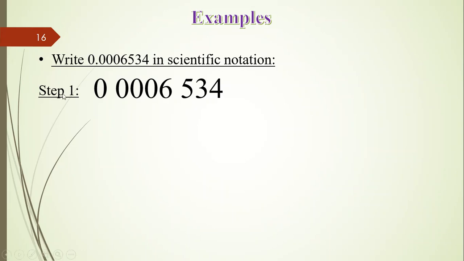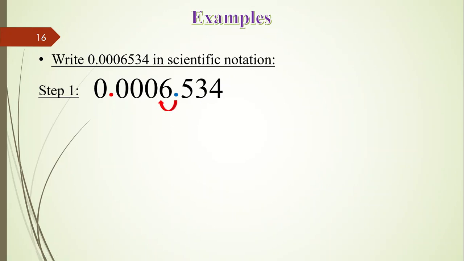So here we can put the decimal point, not here, not here, not here. Beside 6, we can put the decimal point because 6 is a non-zero integer, okay? So the new decimal point will be beside 6.